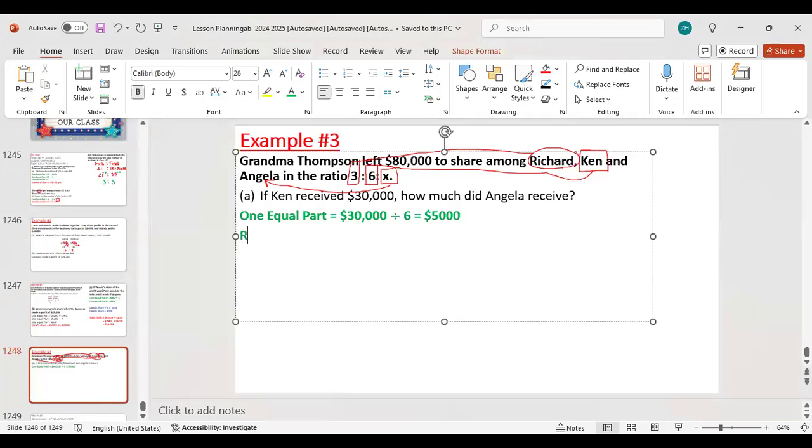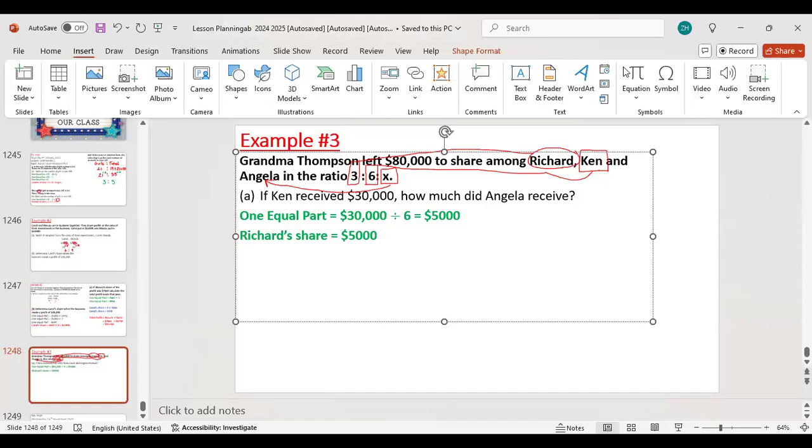Good. Go ahead. I think Richard only 15,000. 15 or 16? 15. Yes, that's correct. So Richard's share is gonna be equal to what? 5,000 multiplied by what? Go ahead, Trayvon, how did you get that?